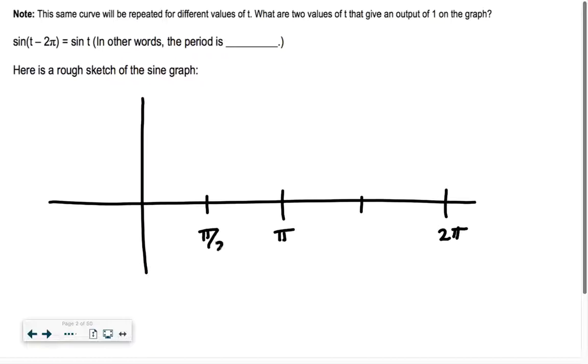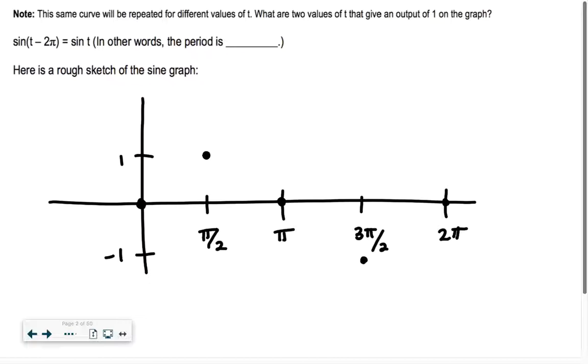So we have pi over 2, pi, and 3 pi over 2. We said sine of 0 was 0, sine of pi over 2 was 1, sine of pi was 0, sine of 3 pi over 2 is -1, and then sine of 2 pi is 0.